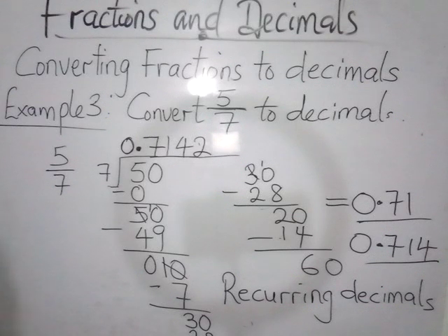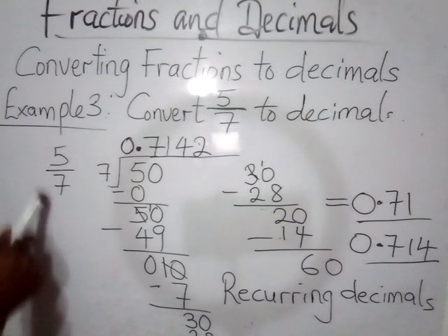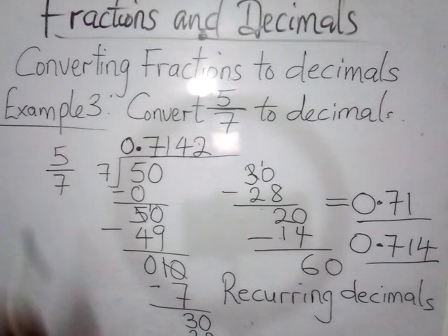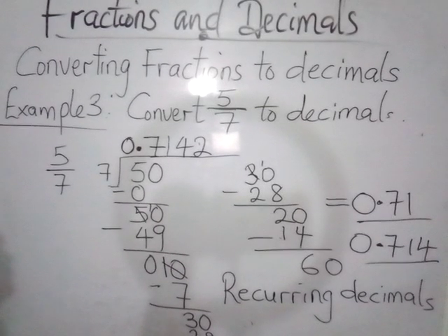All right, so the next one I would like to show us before we go to converting decimals to fractions is mixed numbers. How to convert mixed numbers. Mixed numbers, remember, are a combination of whole numbers and fractions. So we're just going to see how we can convert that to decimals before we move on to converting decimals to fractions.